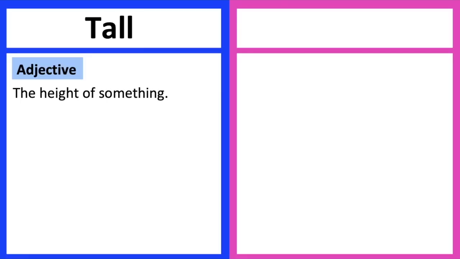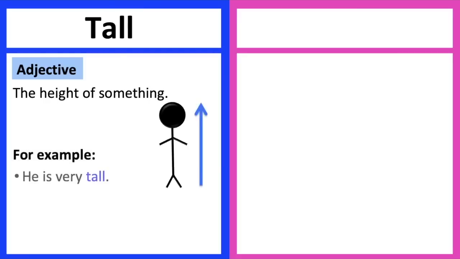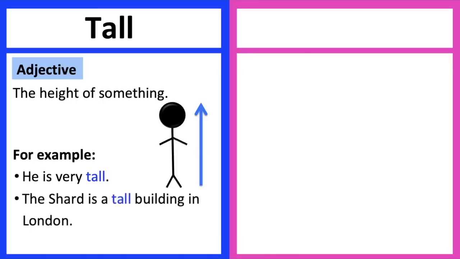This can be a person, an animal, or things like buildings, trees, houses, etc. For example, he is very tall. Another example is, the Shard is a tall building in London. Notice from these examples that tall describes the height of something that touches the ground.